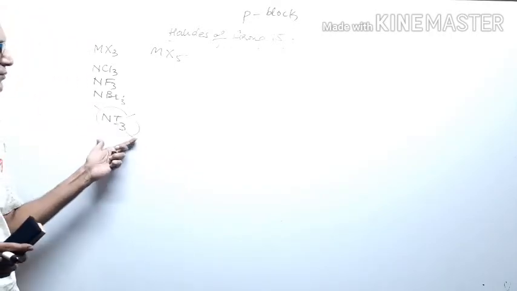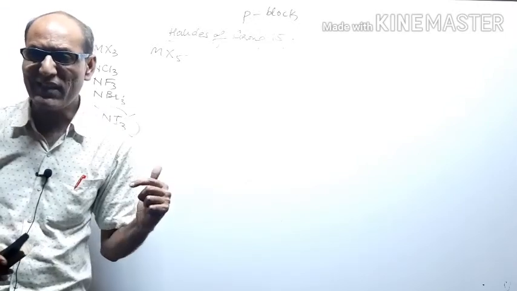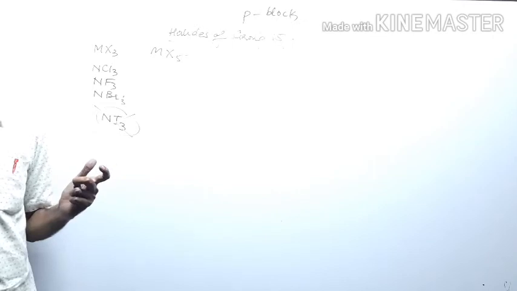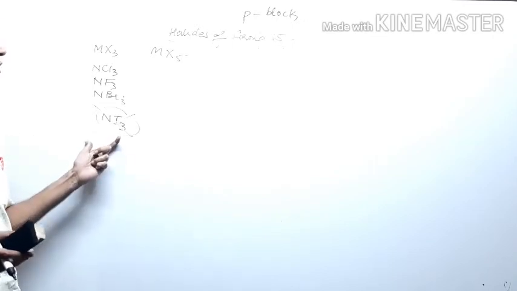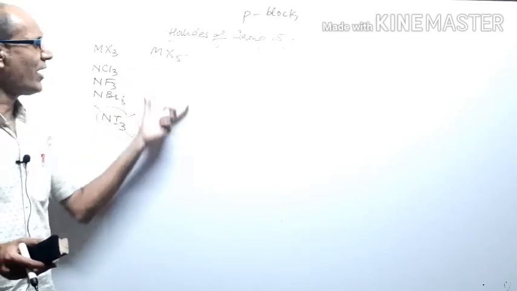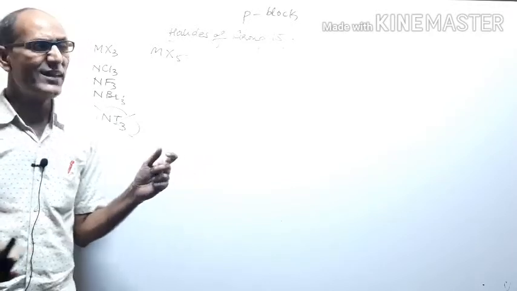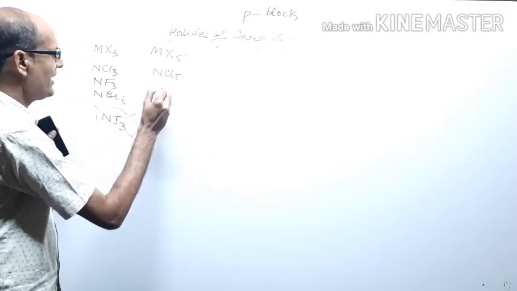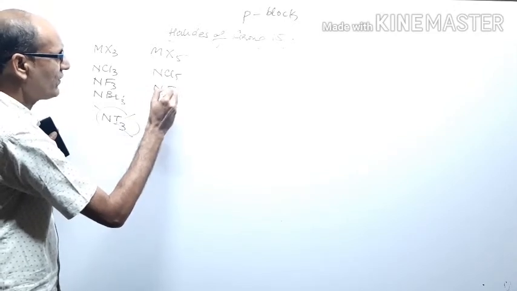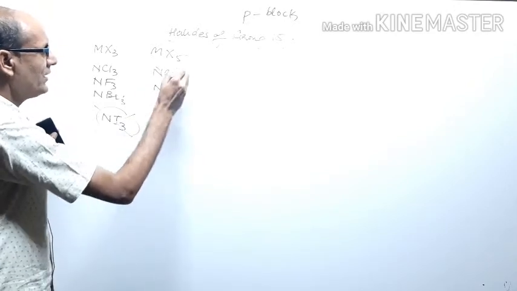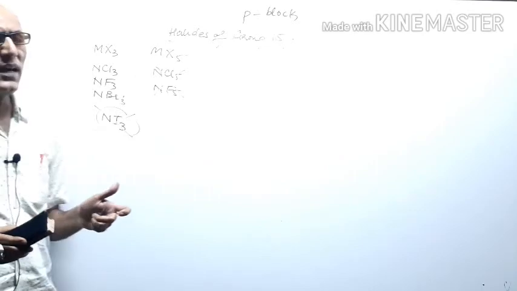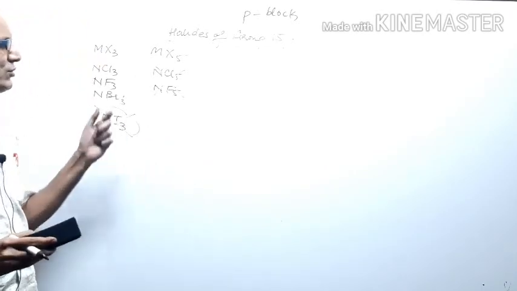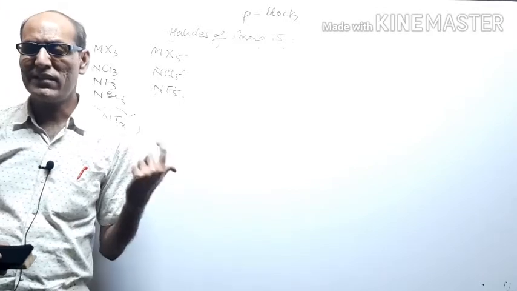Why is it not possible? Because of the smaller size of nitrogen, 3 larger atoms of iodine cannot be accommodated in it. Nitrogen cannot form pentahalides. That means you will never see NCl5, NF5, because of the unavailability of the d subshell, so nitrogen cannot expand its octet.